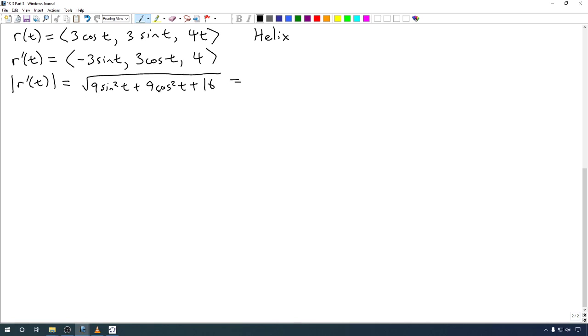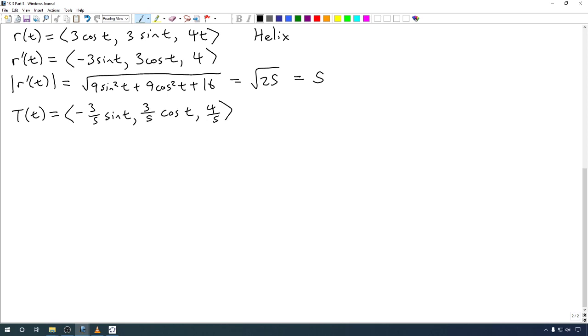Sine squared plus cosine squared is 1, so we end up with 9 plus 16, which is 25. And so our magnitude is 5. We divide r prime of t by 5. We don't actually just cancel out all the numbers this time, but it is nice enough. We get negative 3/5 sine, 3/5 cosine, then 4/5. That is our unit tangent vector.